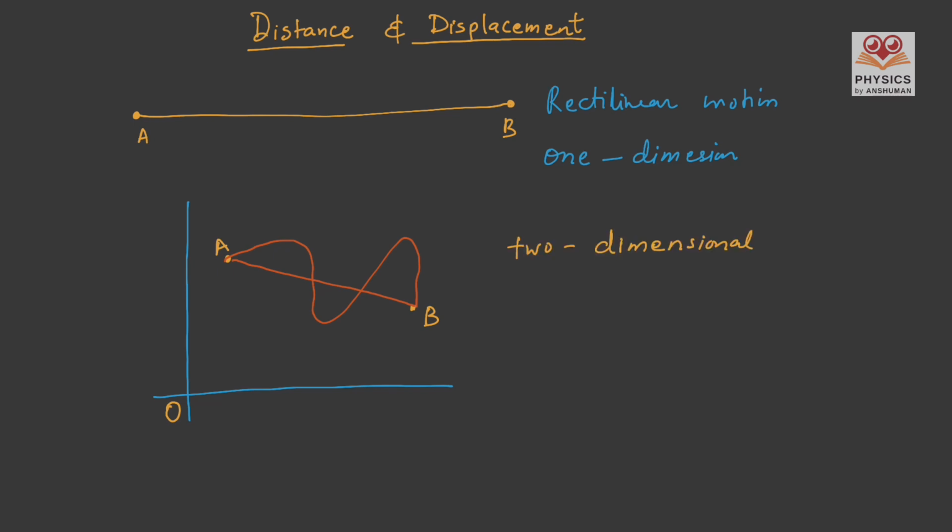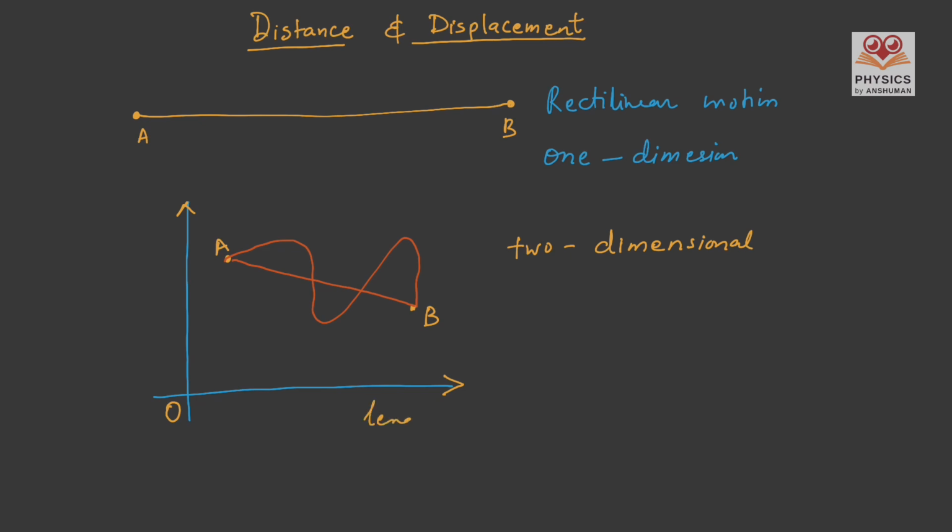Why? Because we can measure these kinds of motions in two different directions. An example is a car moving on a road, and if the surface is a plane surface, then it is an example of two-dimensional motion. In that, we have to ignore flyovers, because if we include flyovers, the motion is not just in two dimensions, but sometimes also in the third dimension, that is, the object has gained some height.